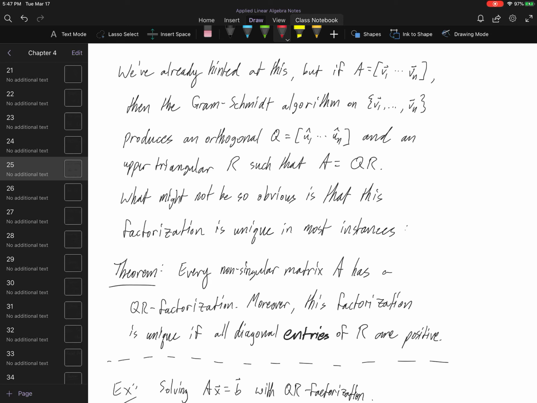What we didn't discuss was what happens if your matrix has linearly dependent columns, and that could wind up giving you negative values on the diagonal of the R matrix.